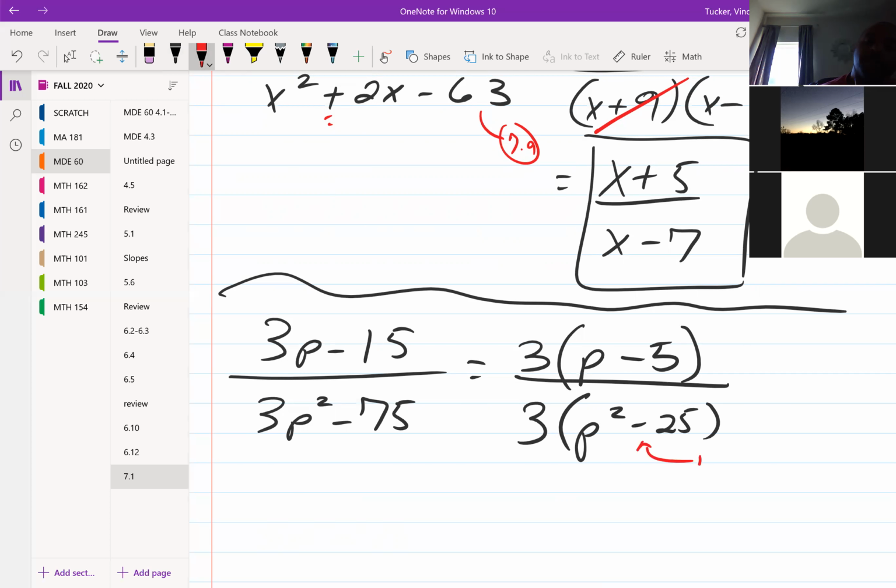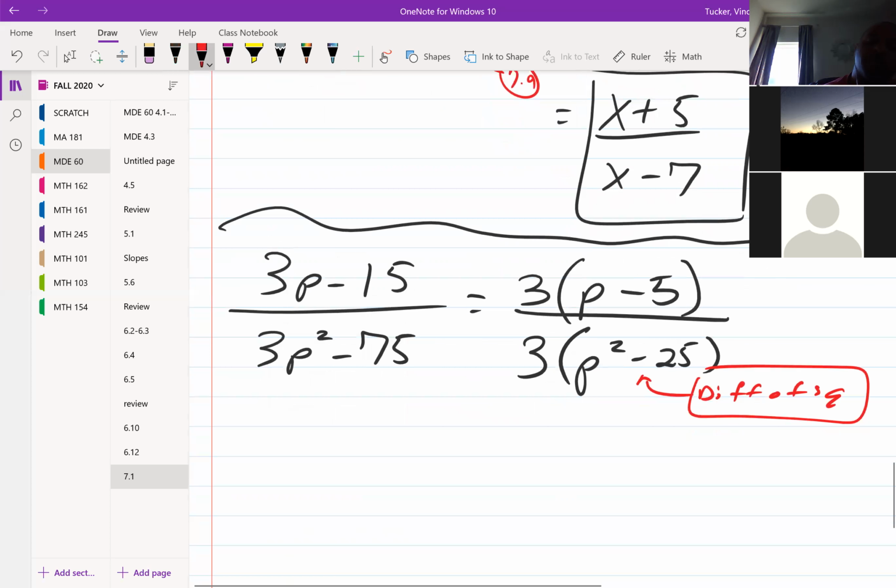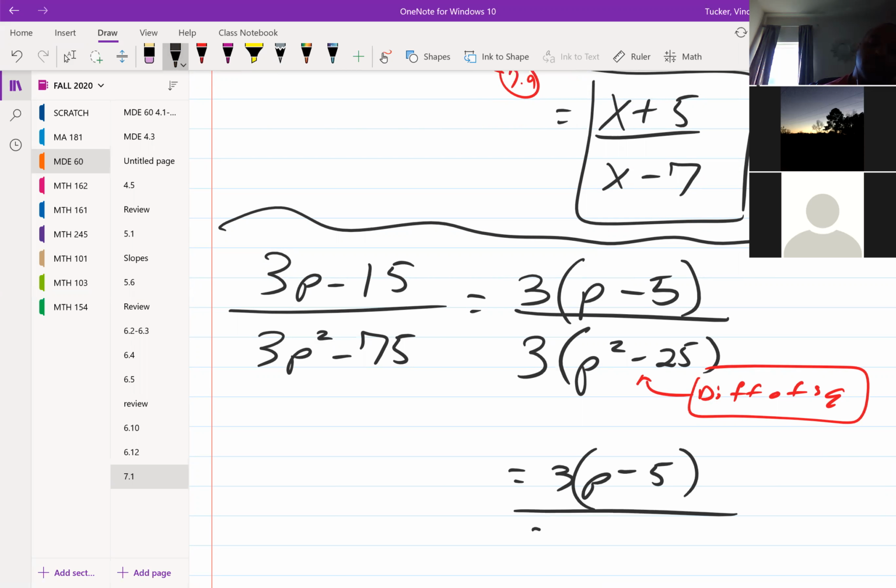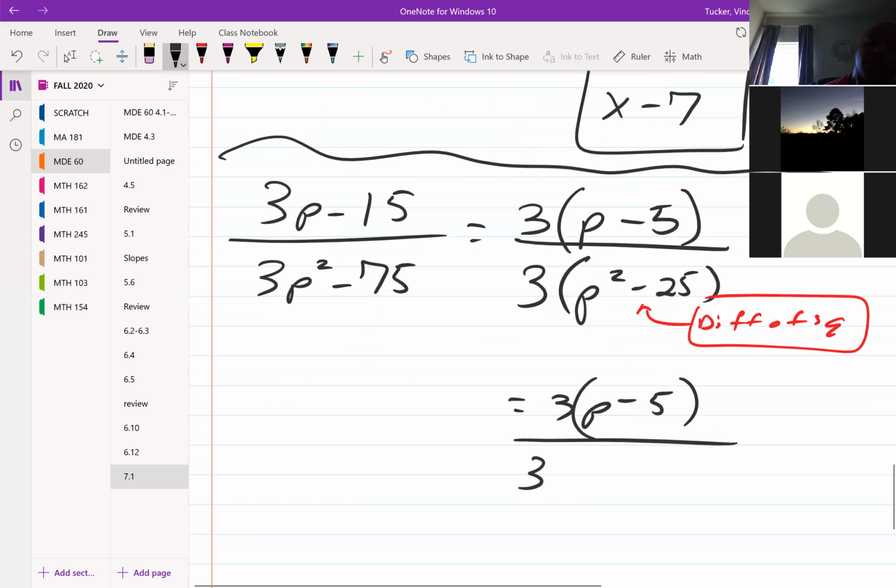Also, we have a difference of squares. And that p squared minus 25 will factor out to give us p plus 5, p minus 5.